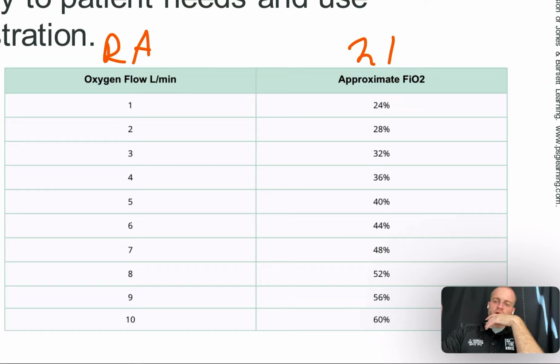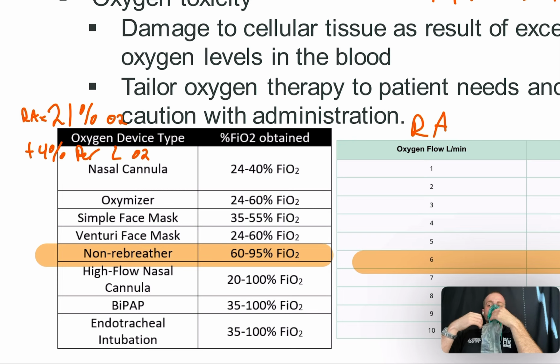Now, the other one I want to drag your attention to is the non-rebreather mask. That's this thing. Air gets pumped into this bag, so it's 100% oxygen, and then you breathe in from this bag. From this bag, you're getting a high percent of oxygen, around 60 to 95%, but it's usually in the 90s that's tested. It's around 90%, so there's a lot of oxygen, okay?